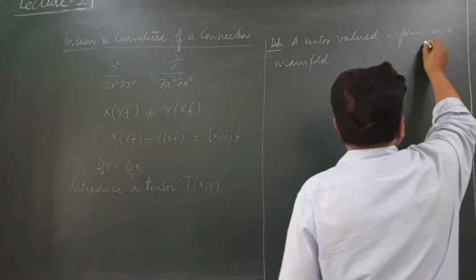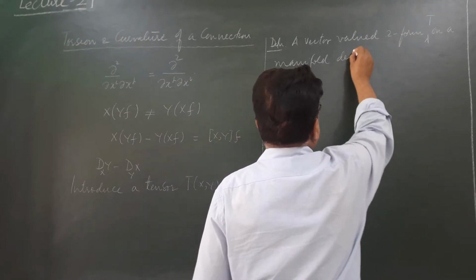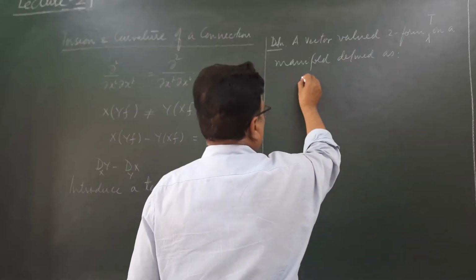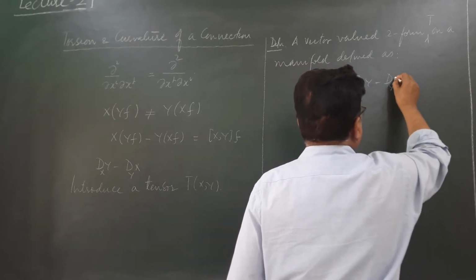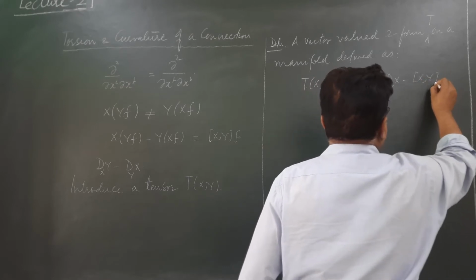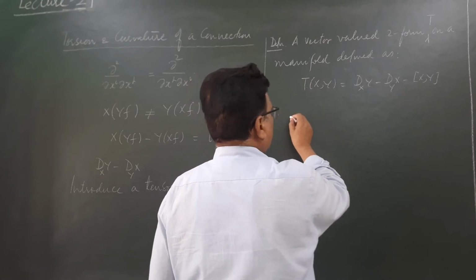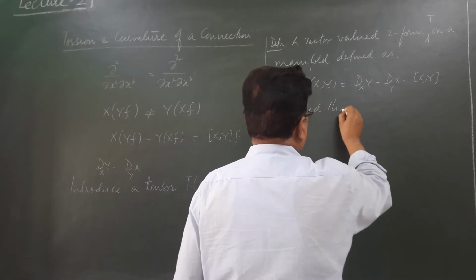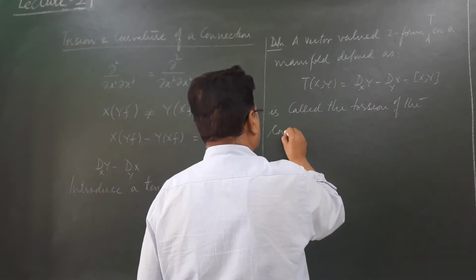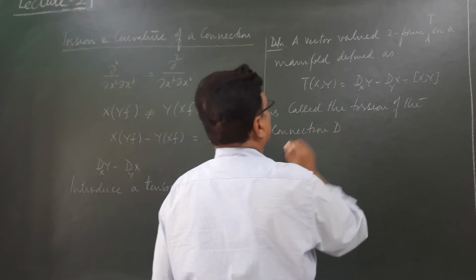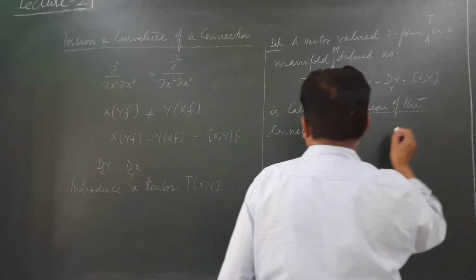Let me denote it by the symbol T. A vector valued 2 form T on a manifold M defined as T(x,y) equal to Dxy minus Dyx minus Lie bracket [x,y], is called the torsion of the connection D on M.